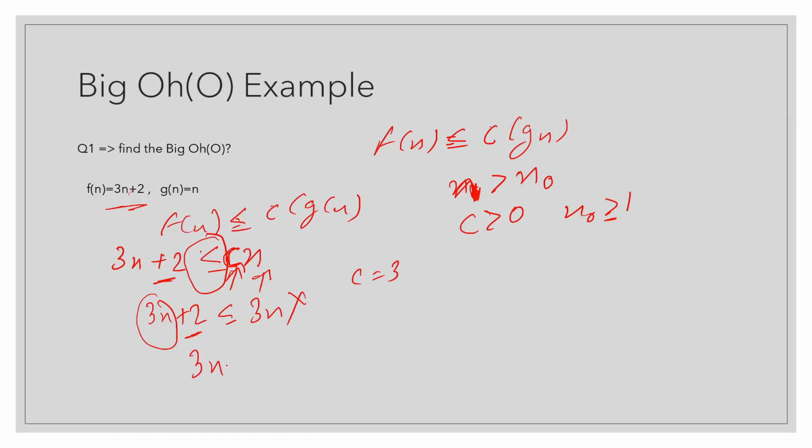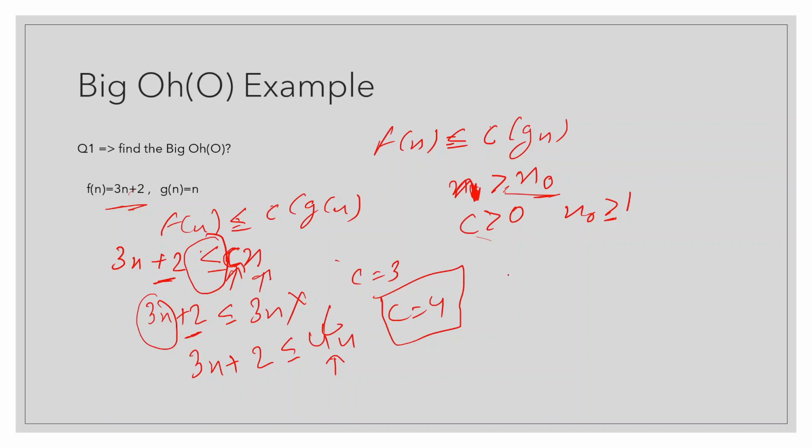So if I put c equal to 4, yes, it is somewhat right. Now I got the value of c. Now which value of n0 satisfies the condition?